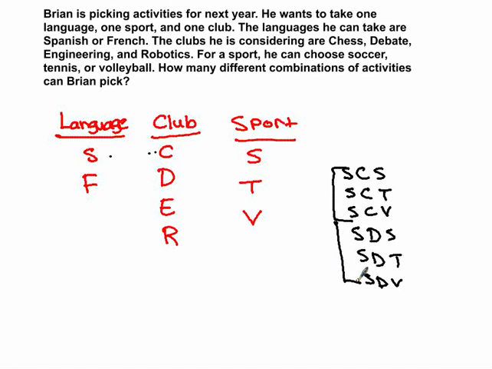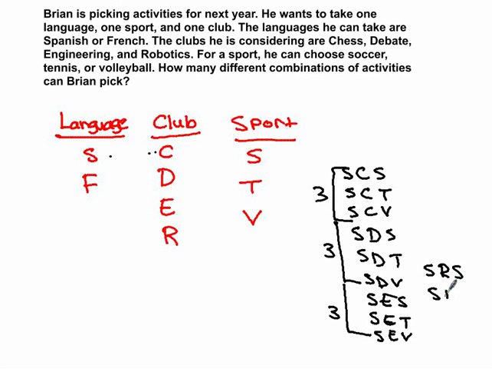Three more. So you can assume now if I'm going to do Spanish and engineering, I'm going to have three more options. Three. Just for demonstration, I will do Spanish robotics, but you're going to see there's going to be three more options doing it this way.